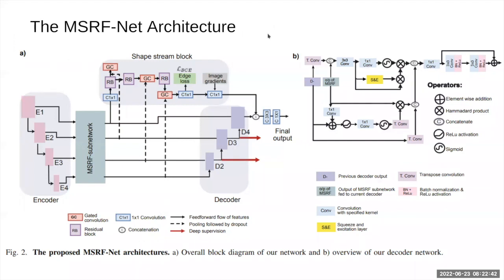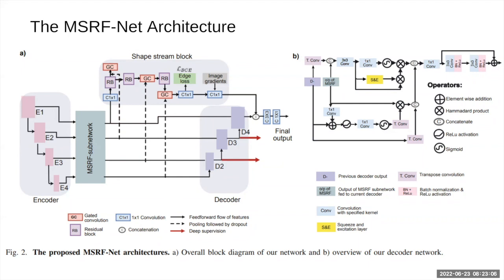Igor? Yeah, and right here you can see the architecture of our MSRF net. It's pretty sophisticated. First we have the encoder layer, we'll talk about it a little bit later. Then the MSRF subnetwork, which goes to the shape stream block.